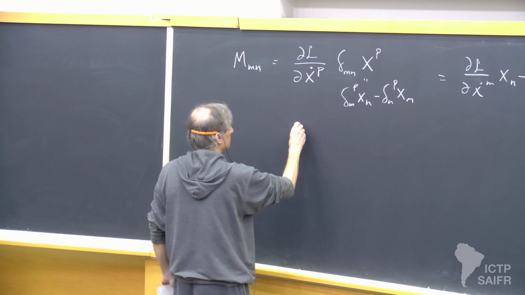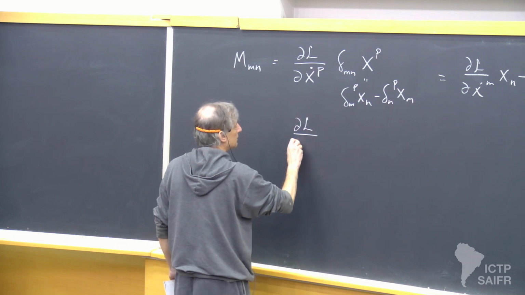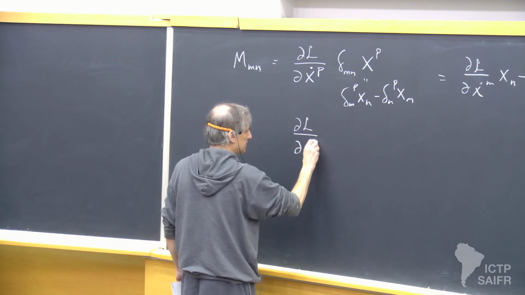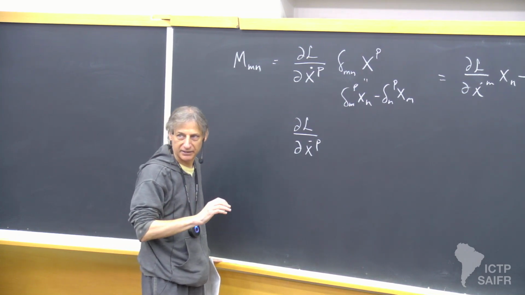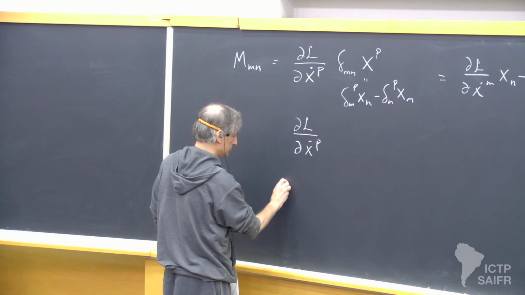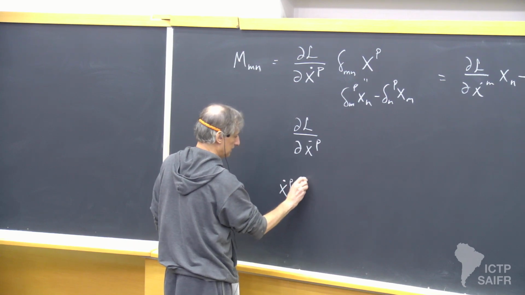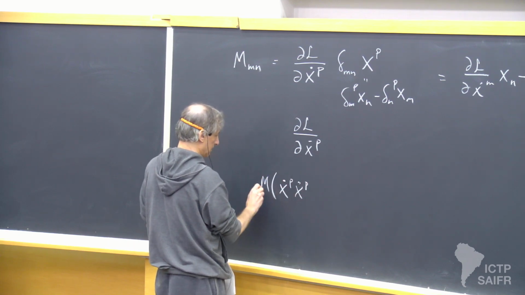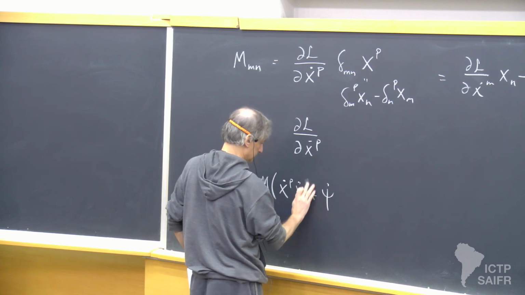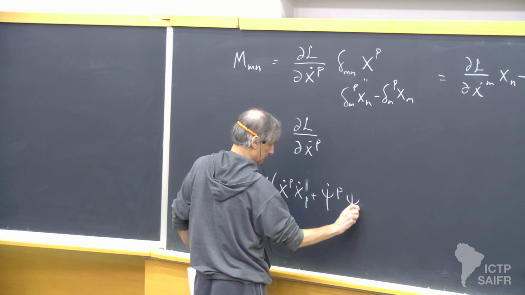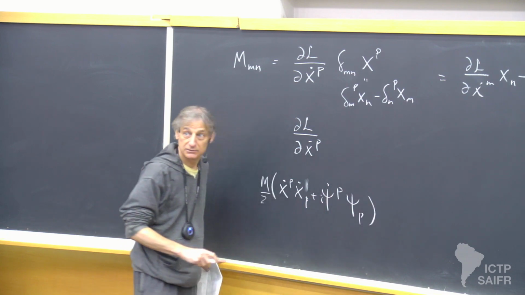So we have delta L. So remember the Lagrangian. Let's just do the part without the electromagnetic background. So we had X dot P, M, it was a factor of 2. So something like this.